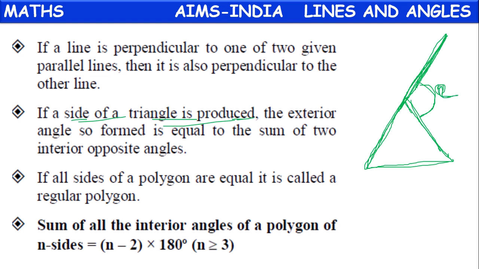It will be equal to the sum of the opposite interior angles. This adjacent angle will not count. These are the opposite angles to this exterior angle. Suppose they are x and y. This exterior angle equals x plus y.